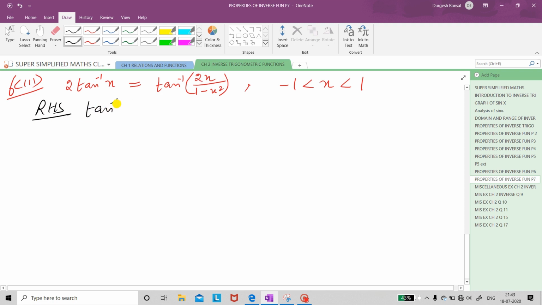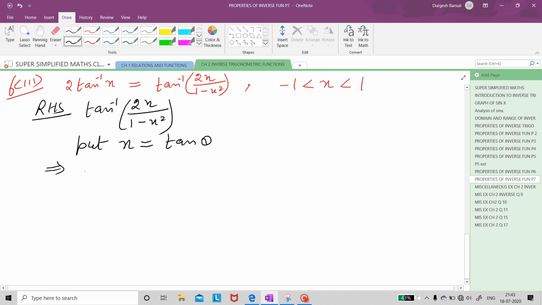So here also we take the right hand side, which is tan inverse 2x upon 1 minus x square, and we substitute x to be again tan theta, because we know if we substitute x to be tan theta, then only we are going to get a formula from this expression in the bracket.